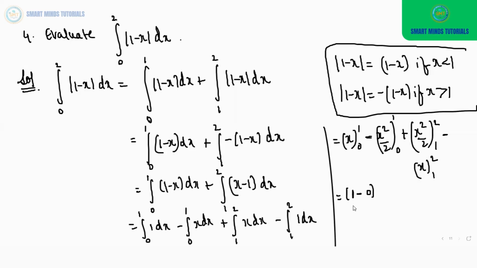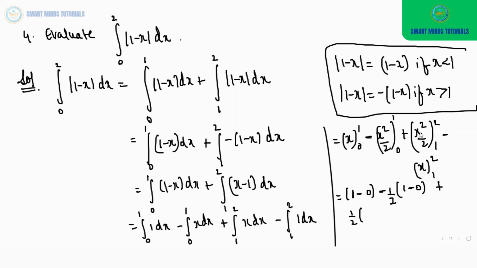First bracket is completed. Now minus 1 by 2 is a constant I am taking out. Now you have only x square inside. Now again I am applying the limits, upper limit minus lower limit. 1 square is 1 minus 0 square is 0. Are you understanding how I am applying the limits? Plus again 1 by 2 outside.